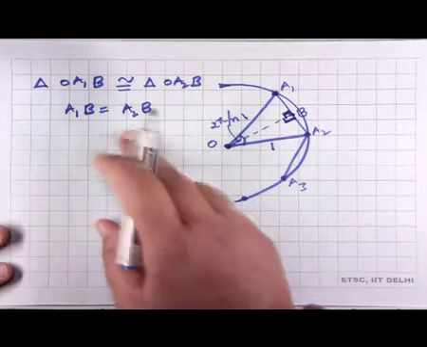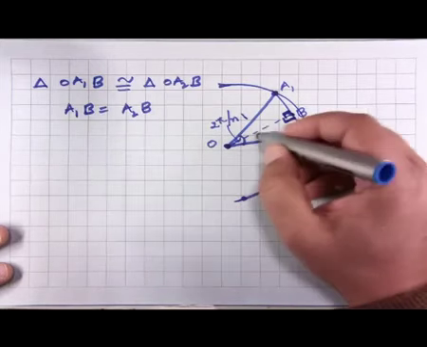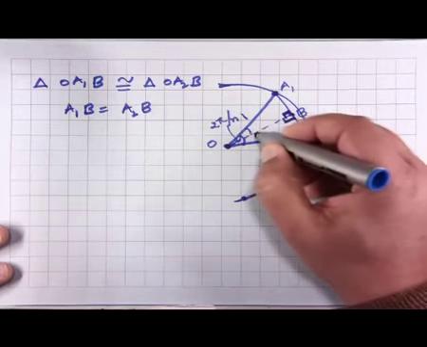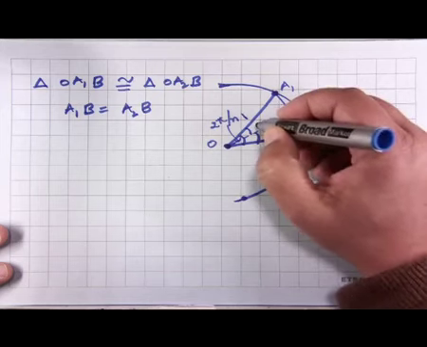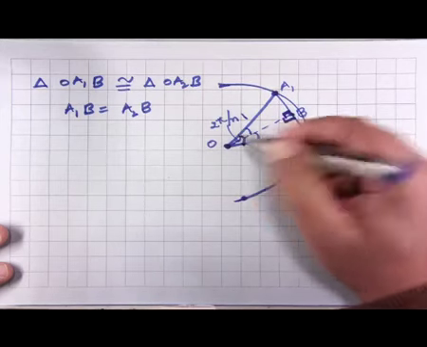And also, because they are congruent, what happens is that this angle and this angle also turn out to be equal to half of this entire angle.